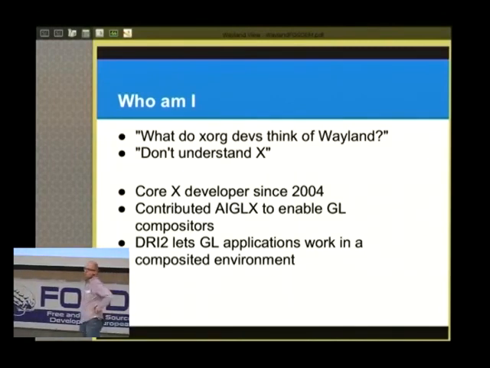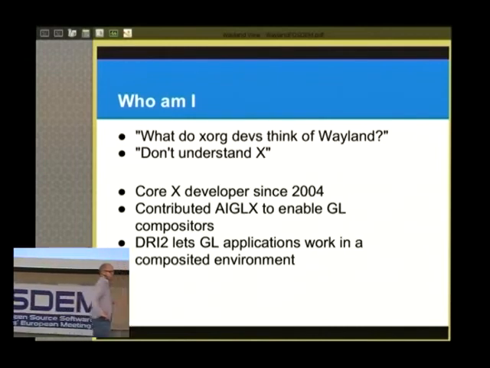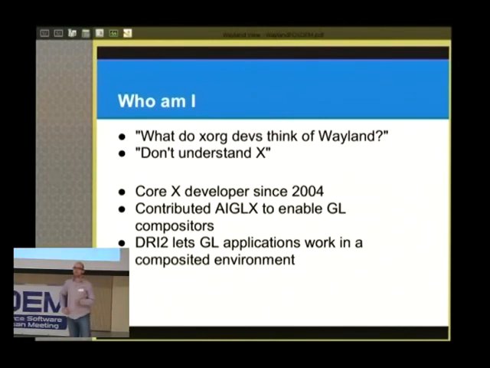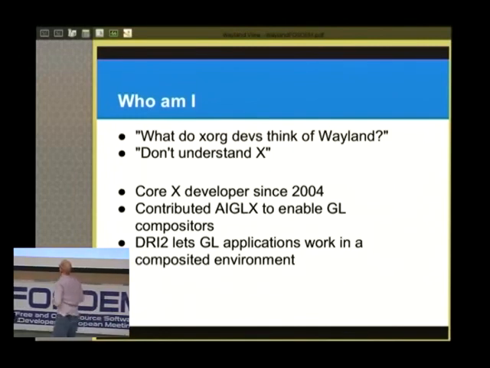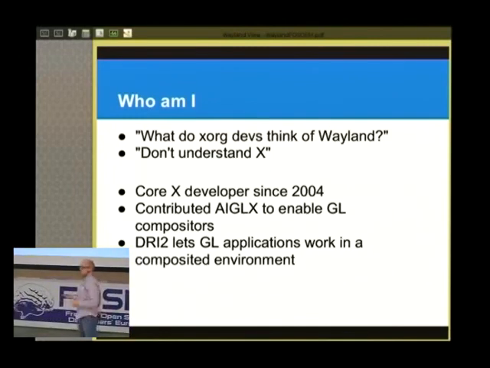I used to work for Red Hat from 2005 up till a couple of years ago, and I worked in the X team at Red Hat. We did things like AIGLX to let GL-based compositors run under X, and we did DRI2 that enabled GL applications to work smoothly under compositors such as Compiz and KWin, and so on.